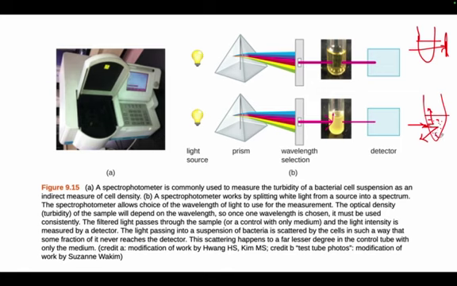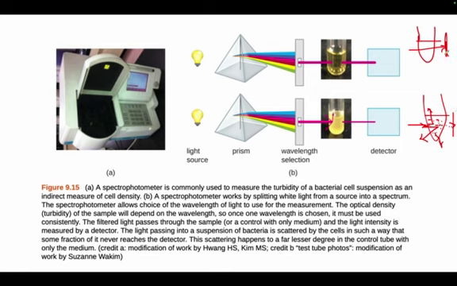As a result, the amount of light able to travel straight through the culture is less, because a lot of it has been scattered while traveling through the culture. So that results in less light reaching here.